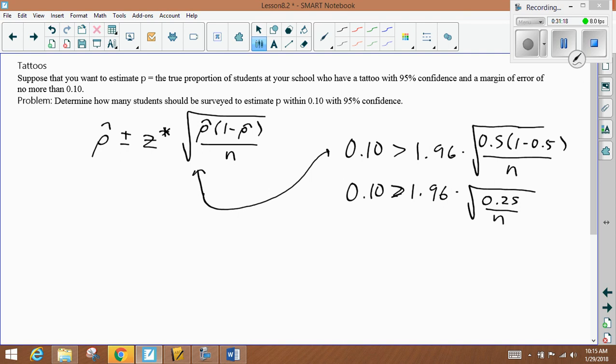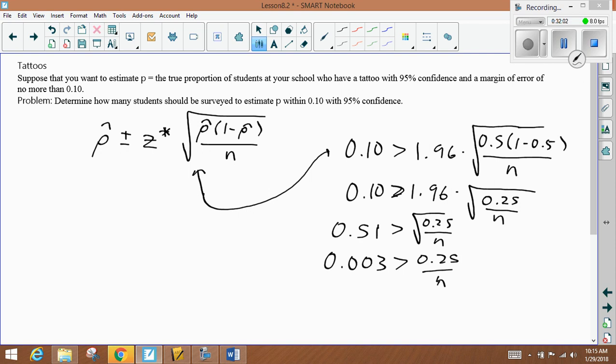All right, I've got to get rid of this radical. So first of all, I'm going to divide both sides by 1.96. We get 0.051 if we round. And we have the square root of 0.25 over n, so we'll square both sides. We get 0.0026 equals 0.25 over n.